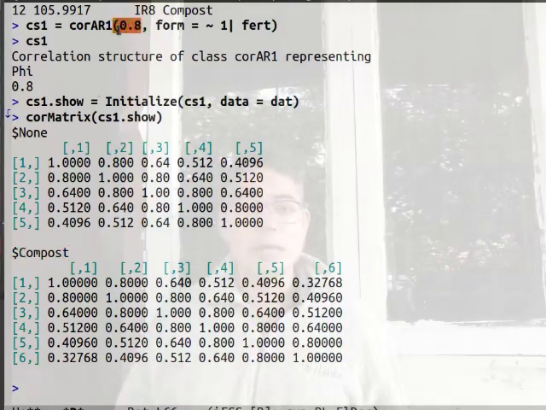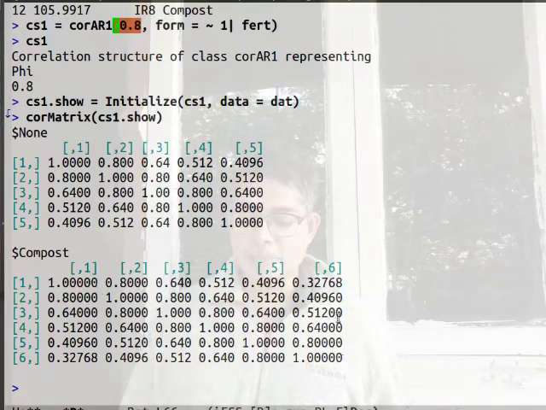Nothing is fitted yet. It is just a structure. You see all the diagonals are 1, then the super diagonals are 0.8, 0.8, 0.8, that's the value of rho. Then the one above that is rho squared, 0.64, 0.64, 0.64, then rho cubed, and rho to the power 4. The same pattern repeats on the lower triangular half.